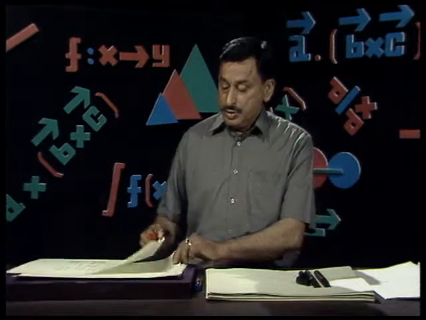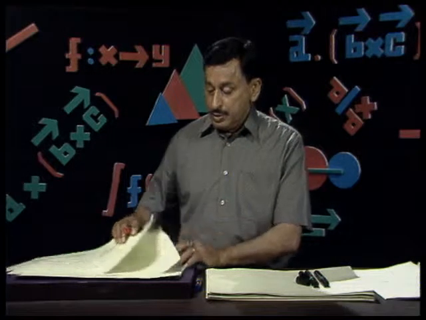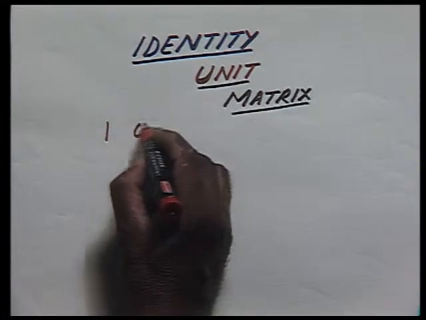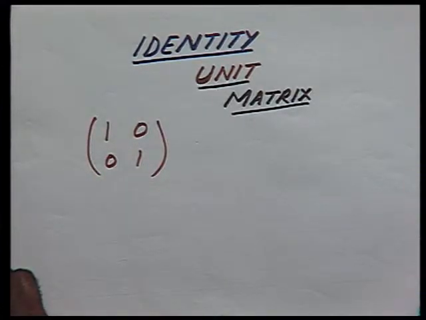Let us take another situation where we talk about the identity or the unit matrix. Here this is 2 by 2 and you know this is 1 and 1. So, it is a unit matrix.